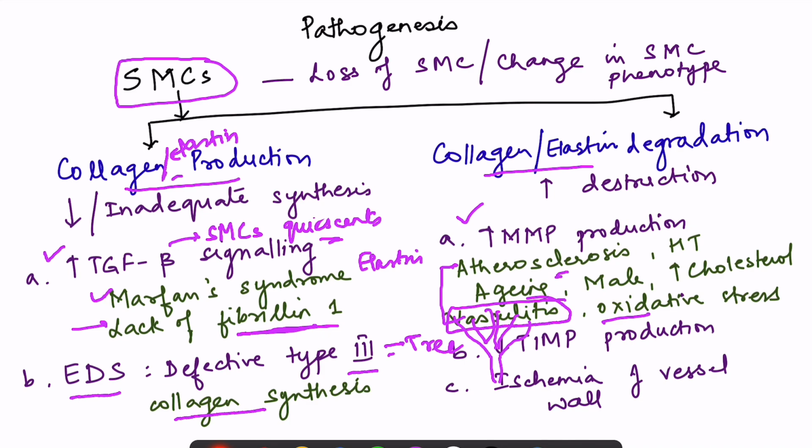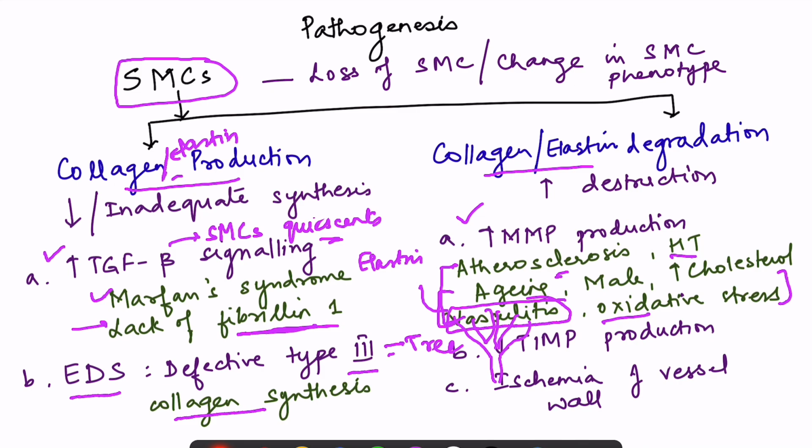So atherosclerosis, basically the local accumulation of the macrophages, that is going to produce MMP. Hypertension, again because of too much hemodynamic disturbances. Vasculitis, oxidative stress, so any kind of inflammation leads to increased MMP production.